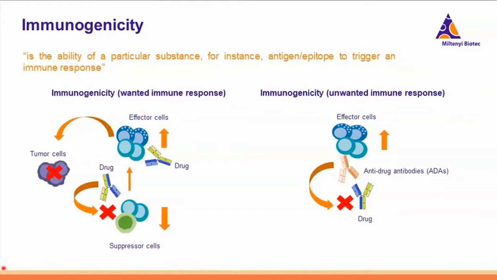And now we have wanted immunogenicity, where the immune therapeutic drug does its desired job to prevent the suppressive function of the suppressor cells and enhance the function of the effector cells, which will eventually eliminate the tumor cells. On the other hand, we have unwanted immunogenicity, in which the effector cells reject the drug and produce anti-drug antibodies, which will cause inactivation of the therapeutic drug, and in rare cases, even mediate side effects.